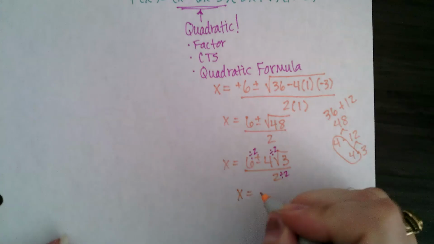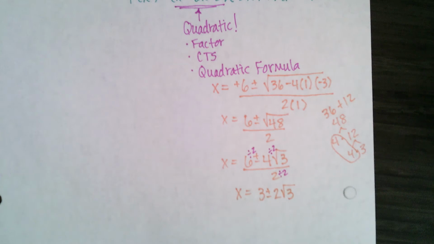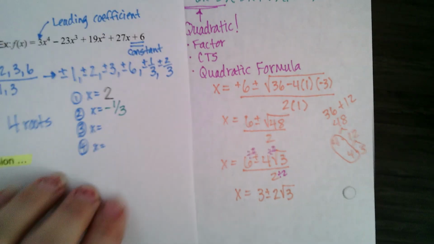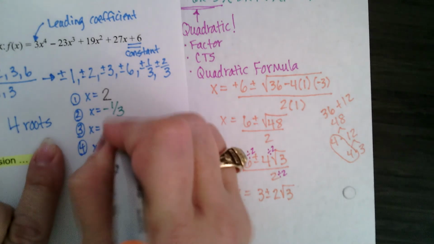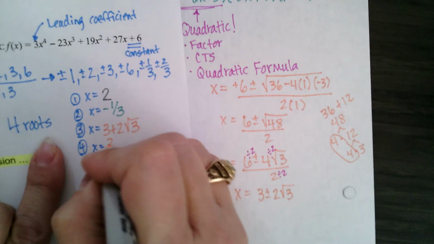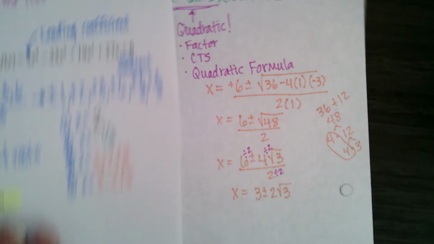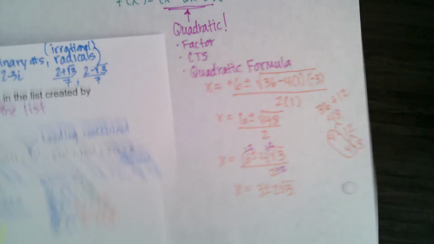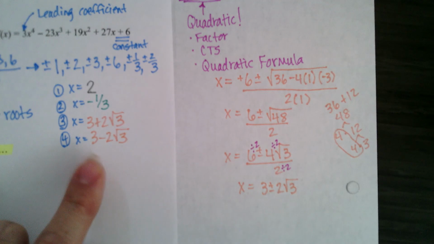So x would be 3 plus or minus 2 square roots of 3. Those are my last two roots. I get x equals 3 plus 2 square roots of 3, and x equals 3 minus 2 square roots of 3. And just like I told you, if you get radicals, if you get irrational answers, then there will always be two of them, and they'll be conjugate pairs.